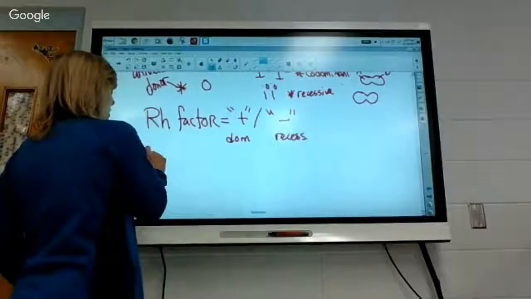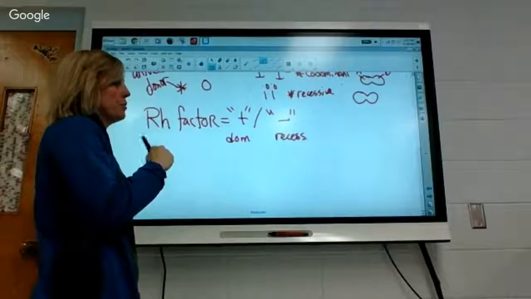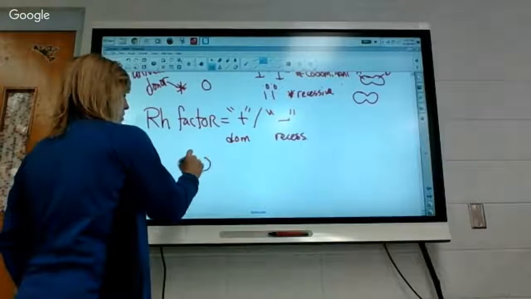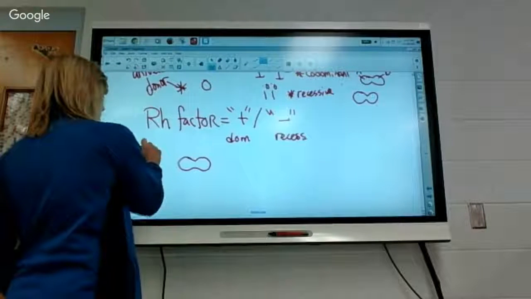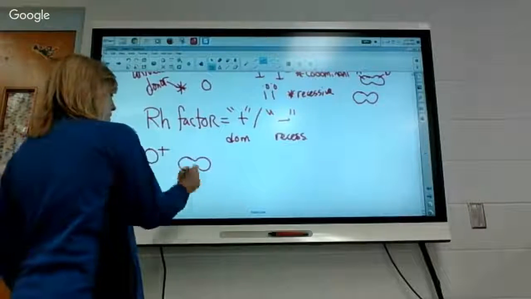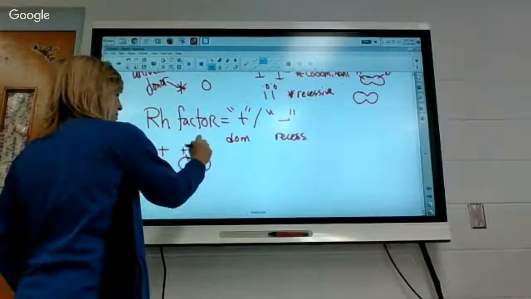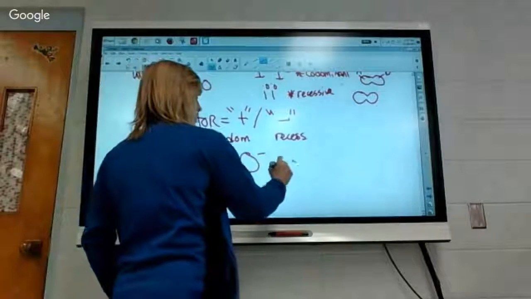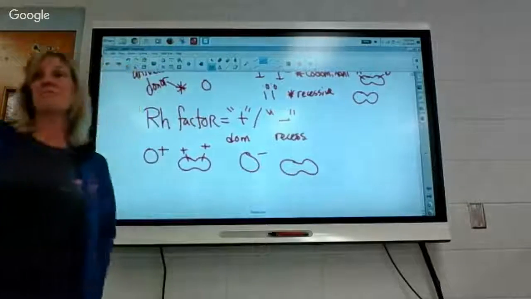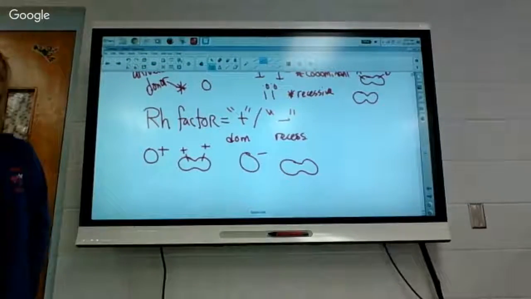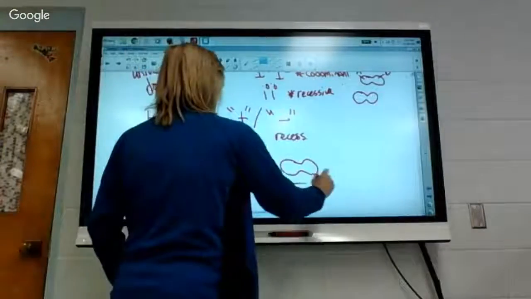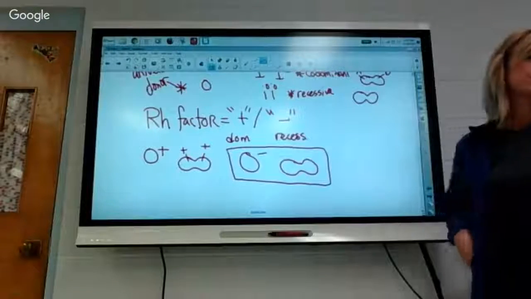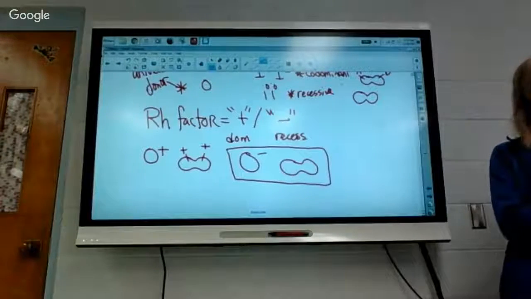So the person that is the absolute universal donor would be an O positive person. They would still have positive markers, but an O negative person would be this. So O negative is your absolute donor. If you have O negative, they're going to be calling you to donate.